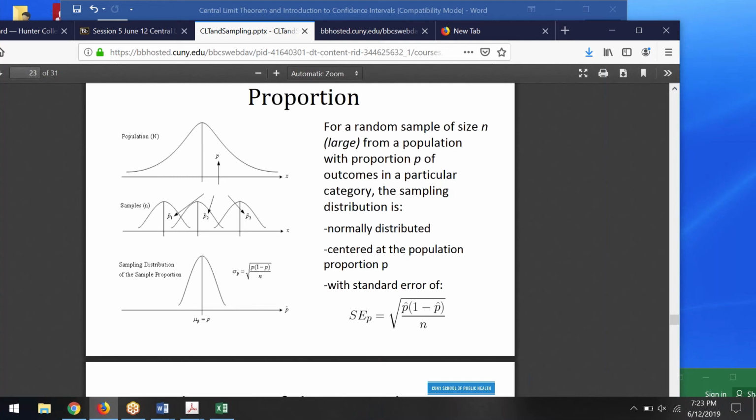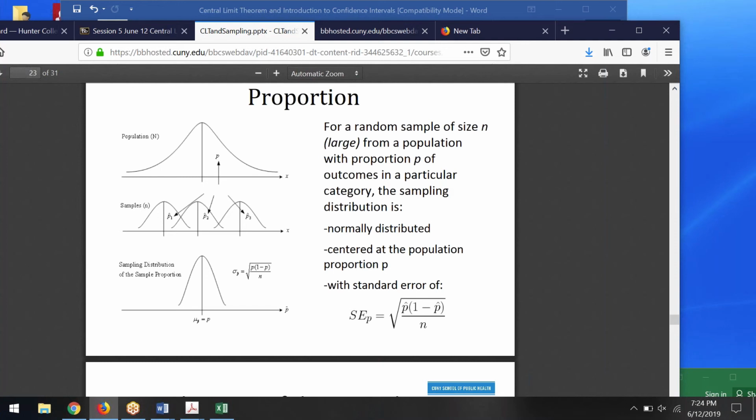We can plot that like this, and we can determine what the probability is that we would get a proportion above or below that mean. In other words, we would be able to predict what the spread would be. So the spread is the standard error for these repeated samples. The standard error for a proportion is equal to the square root of P, which is the proportion from your sample of people that are left-handed, times 1 minus P. Let's say it's 28%, so 1 minus P would be 72%, right?